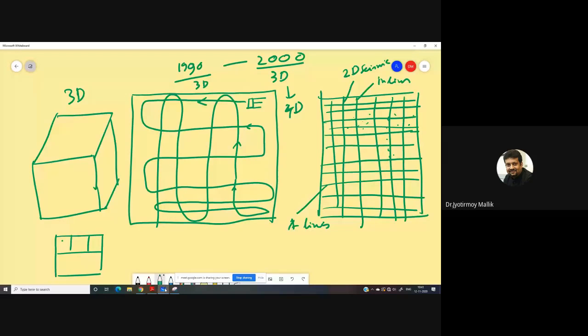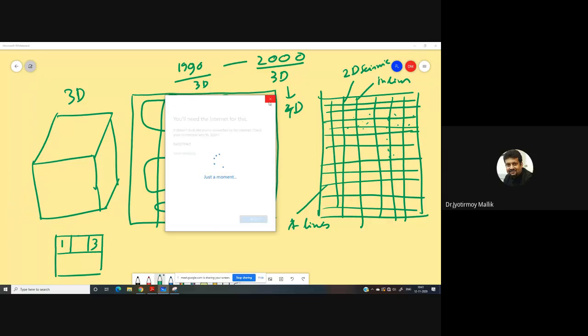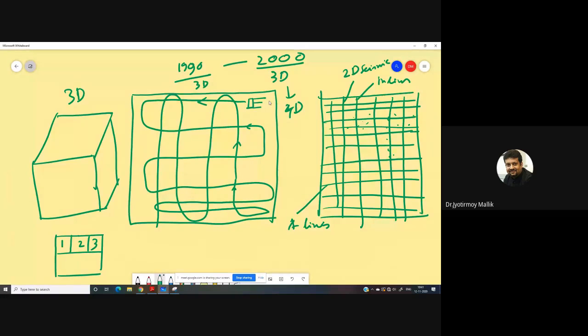I know this is 1, this is 3. What is most likely the value of this one, the in between cell? 2. How do you know that? This is called interpolation, because I have observed 1, I have observed 3, and then I do some sort of algorithm to find out the data in between will be 2.